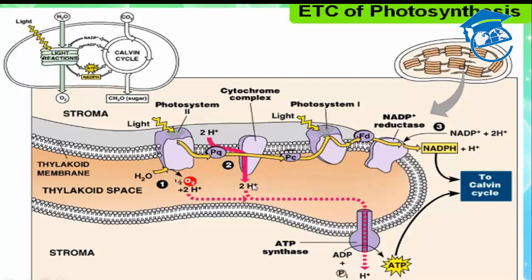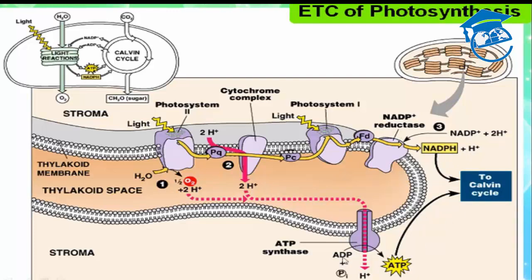hydrogen is transported simultaneously to the inside, and then the electron gets transferred into the cytochrome complex, then to the plastocyanin, that is PC, and then to PS1, where it gets converted into ferredoxin, that is FD, and then to the NADPH and to the Calvin cycle, okay.